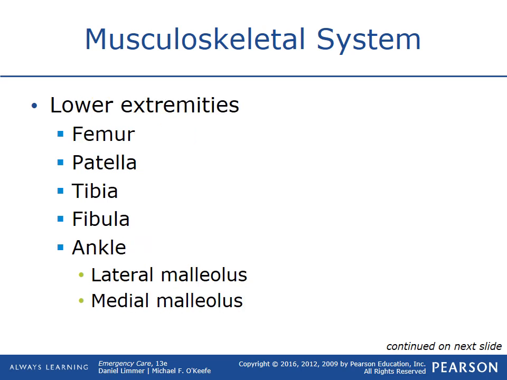The lower extremities. In the lower extremities, we have the femur, which is that thigh bone again, the patella, which is the kneecap, the tibia and the fibula are both parts of the lower leg. You have the ankle, which has the lateral side, which is the side on the outside of the ankle, and the medial side, the one that faces towards the midline.